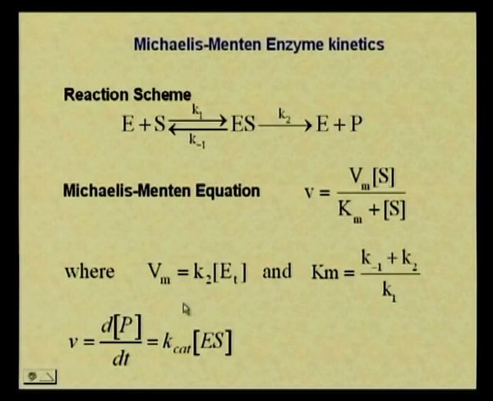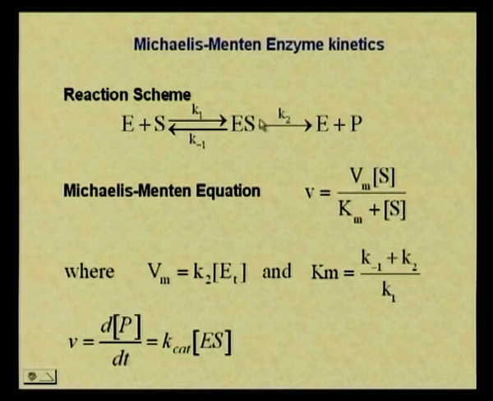We continue our discussion on enzymes and enzyme kinetics. What we discussed last time was Michaelis-Menten enzyme kinetics. Now, for this we have a particular reaction scheme where we have the enzyme react with the substrate to form what is called an enzyme substrate complex.